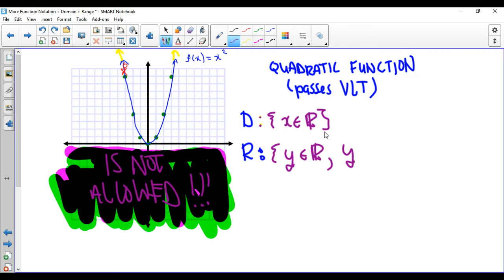If y can't be negative, that means y is going to be bigger than or equal to 0, this number right here, because 0 is the lowest value allowed. What's the highest? Well, we don't care what the highest is, it goes on forever. So that is the domain of the quadratic function. This is the range of the quadratic function. Okay. And I believe that is it.